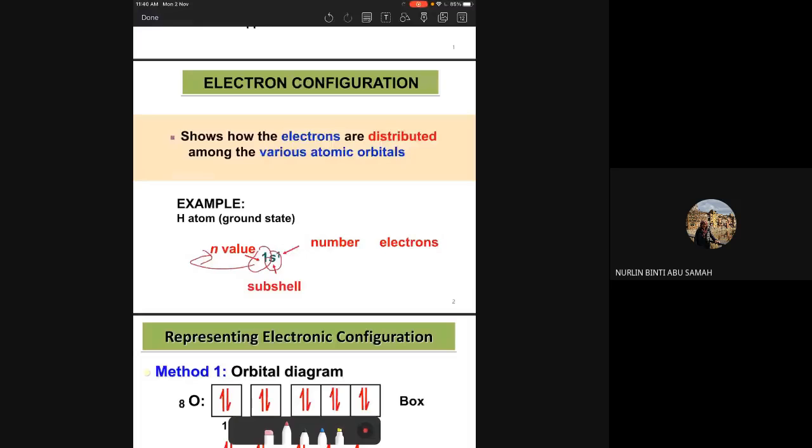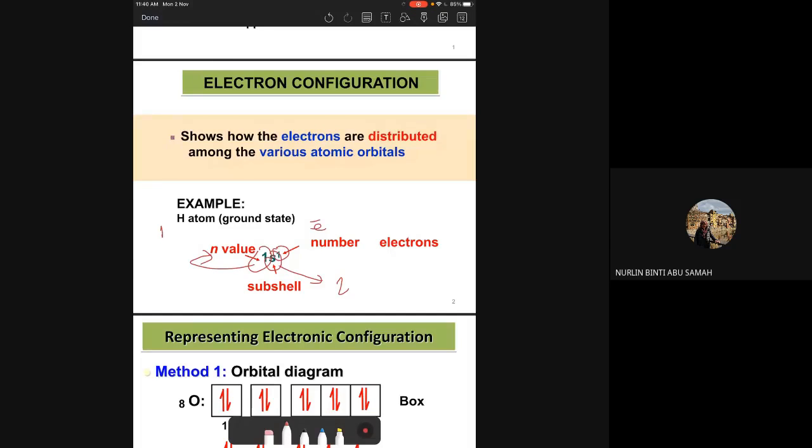And this is the number of electrons. So for hydrogen, you can refer to the periodic table and you will see the atomic number is 1. So what we can estimate from this value is that there will be 1 electron in the atom of hydrogen. Itu maksud dia. Sebab tu kat sini ada 1 elektron.